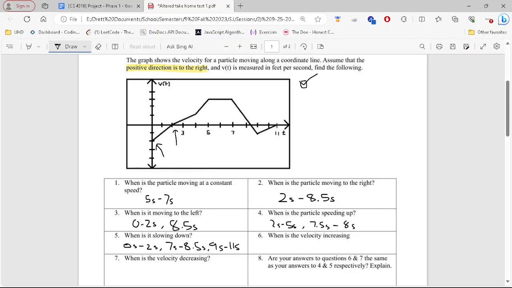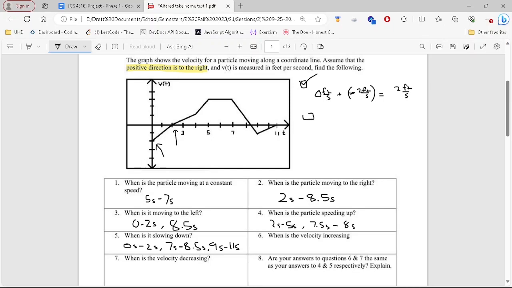Put a check mark here because it might be correct. 0 feet per second minus negative 2 feet per second. This is going to be equal to, well, negative, that becomes positive, so it's plus 2 feet per second. That's going to be 2 feet per second.